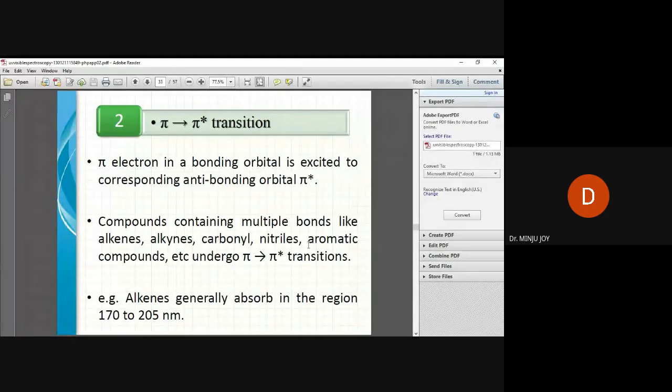For example, alkenes, alkynes, as well as carbonyls, in which C double bond O is present, nitriles, and aromatic compounds, where several conjugated or non-conjugated double bonds will be there, etc. These can undergo pi to pi star transition, and can absorb in the region 172 to 205 nanometers.